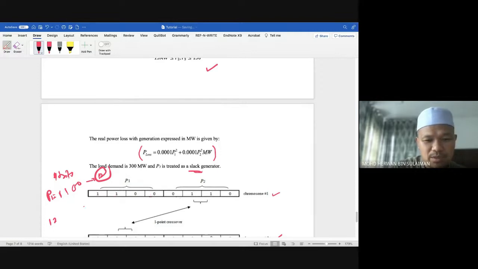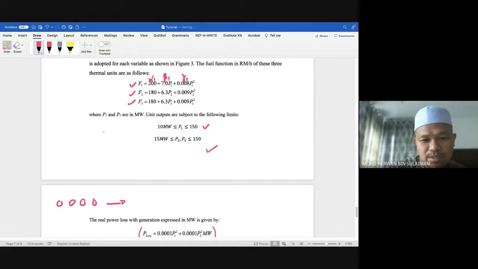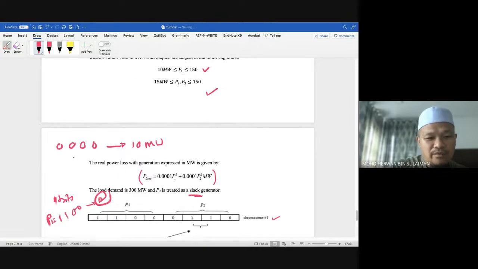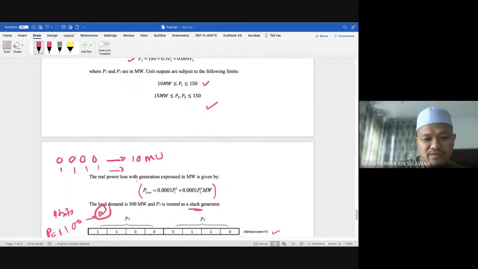The maximum is 15, and the minimum is 0000. For P1, the representation 0000 is 10 megawatts, and 1111 is the maximum value, which is 150.